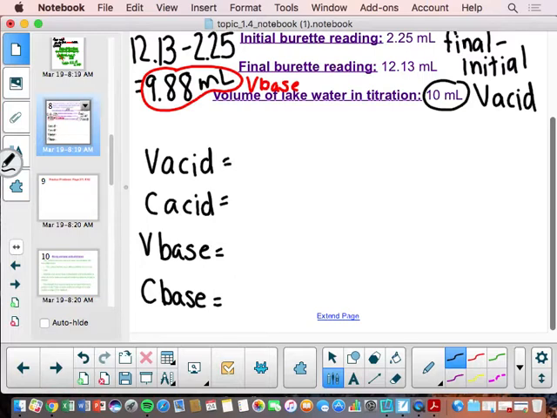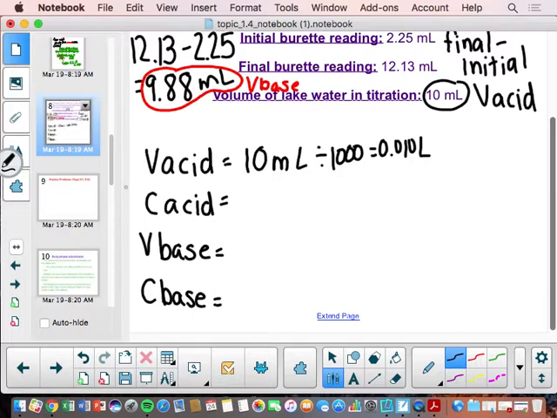So our V acid, I said, is 10 milliliters. We got to change that, right, into liters. So how do we change 10 milliliters into liters? Divide by 1,000. Perfect. So if we divide that by 1,000, we will get our liter amount, which is 0.010, right?